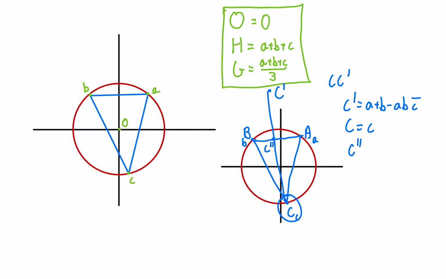C double prime is the average of these, which is 1/2 times A plus B plus C minus AB times the conjugate of C. And we can replace that conjugate of C with 1 over C if C lies on the unit circle. Okay, so that's how to find reflections.